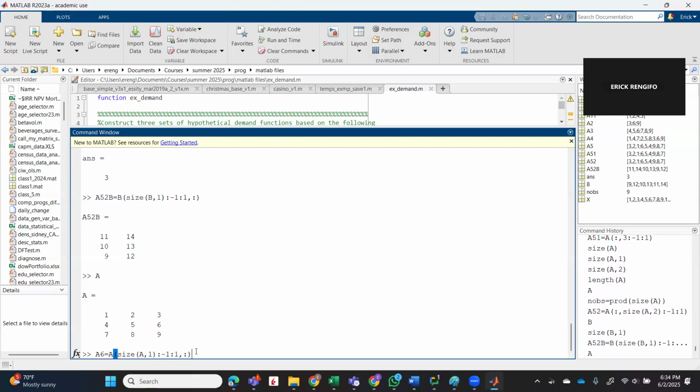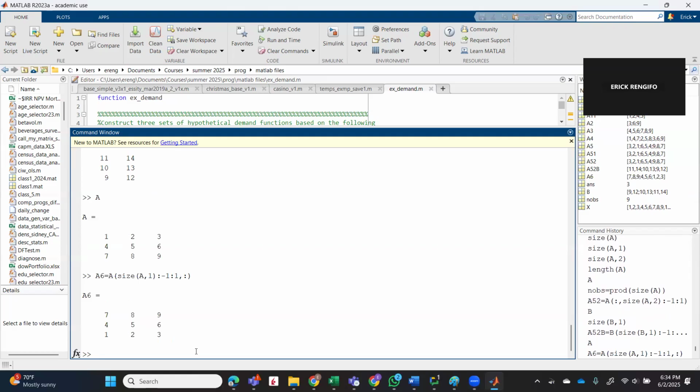And all columns. Make sense? Questions? Questions, guys?